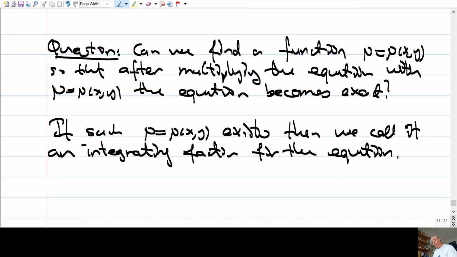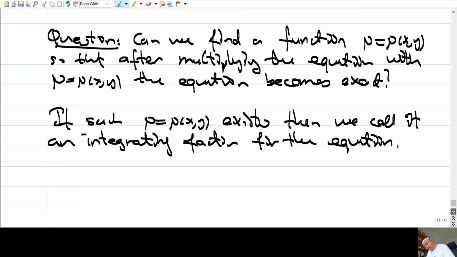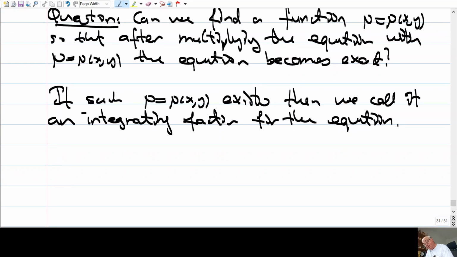So now let's see whether such mu(x,y) exists. So what we ask is the following. We want mu(x,y) so that after we multiply the equation with this function, the equation becomes exact.